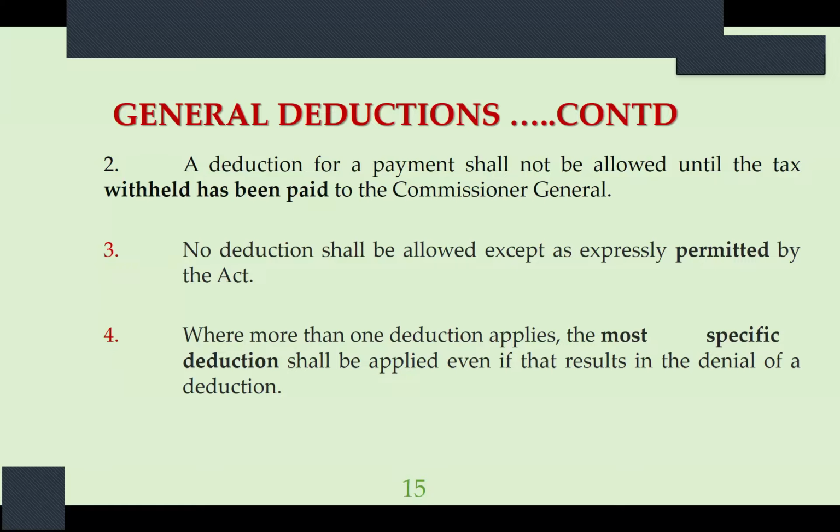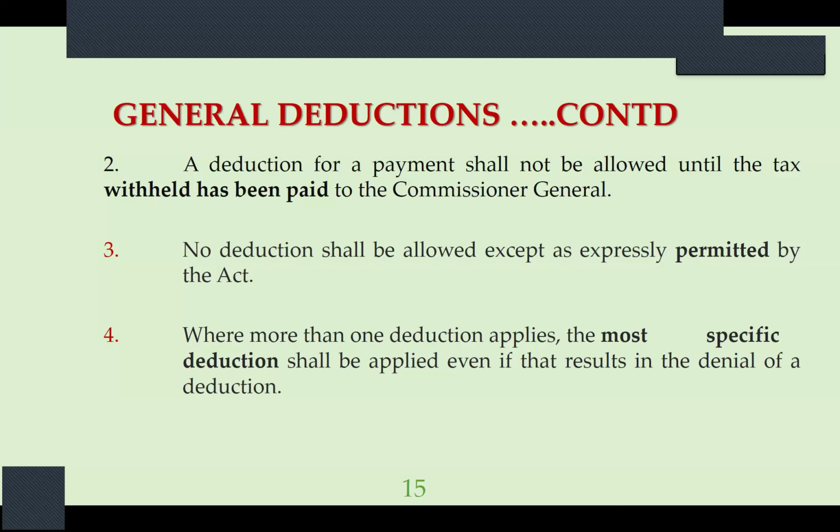Withholding means when a person is making payment to another party, the Commissioner General has specifically mentioned in the Act to deduct tax on that payment, and the deducted amount should be paid to the Commissioner General of Inland Revenue. So we call it withholding tax.